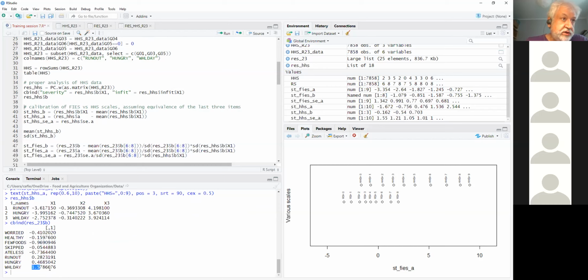So we cannot compare them because these are defined on different scales. Here, the average of this number is 0 by construction. Here, instead, the average of all 9 potential thresholds is equal to 0. So these are defined on 2 different scales.